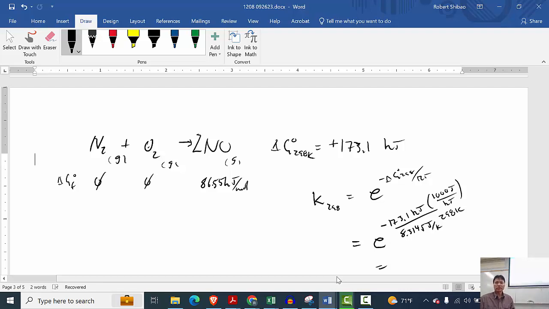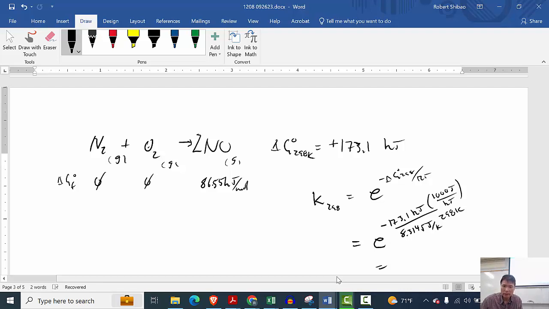So it comes out to negative 173,100 divided by 8.3145 divided by 298 equals, and then E to that answer.